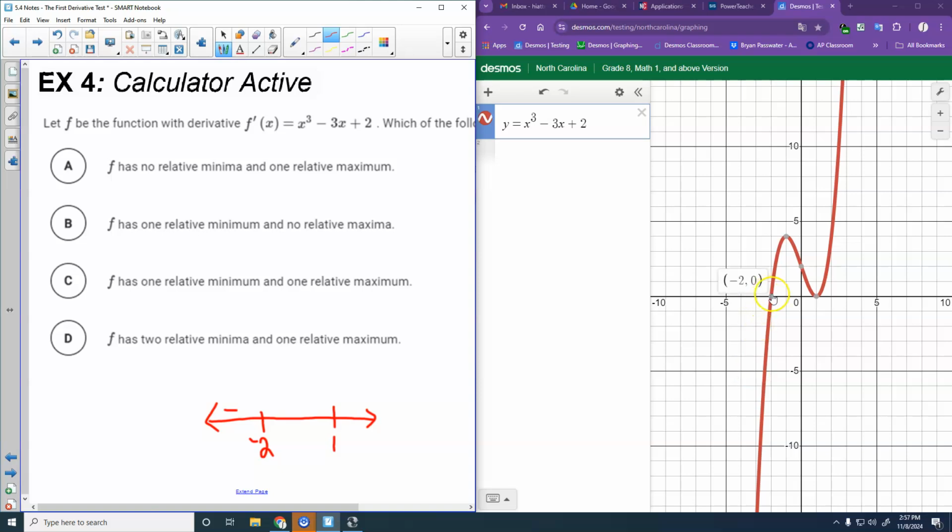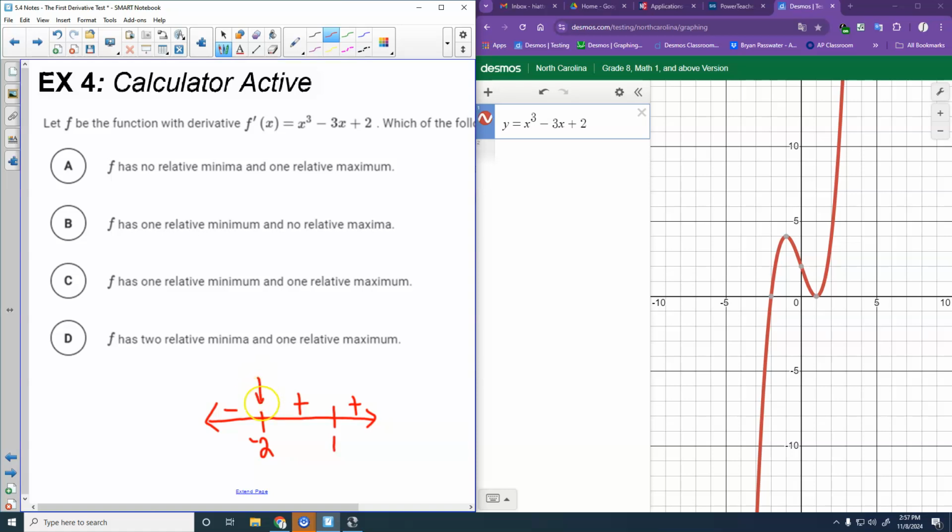What about between -2 and 1? It is positive. What about beyond 1? Still positive, right? So we haven't seen this happen a lot. We've got two critical points, -2 and +1. But is +1 a maximum or minimum? It is not, because you do not change signs on your derivative.